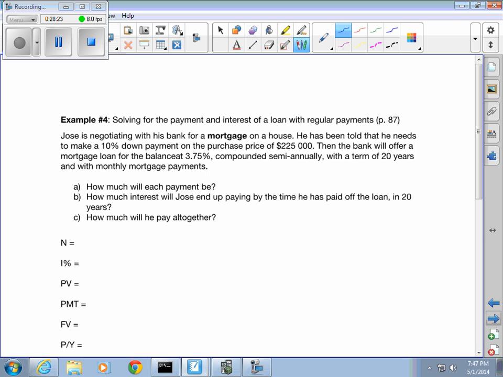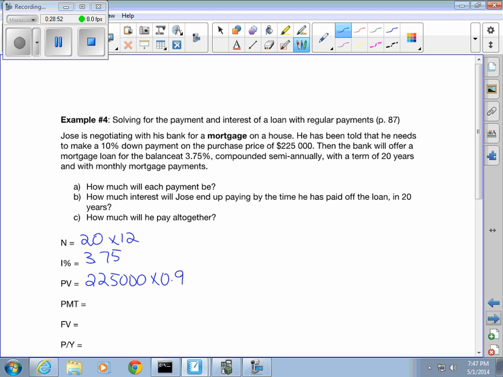So our N in this case, because we're trying to figure out our payments, is 20 years times monthly payments, so 12. Your interest rate is 3.75. Your present value is that $225,000, but remember you have to have 10% of it up front, so you're really only borrowing 90% of it.